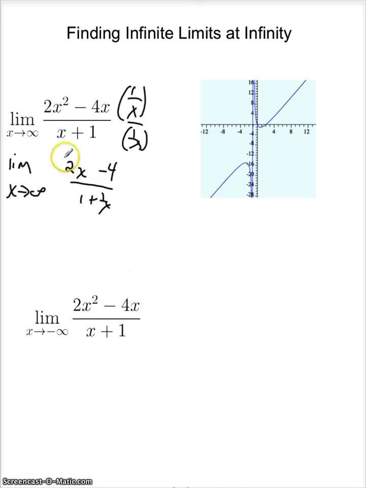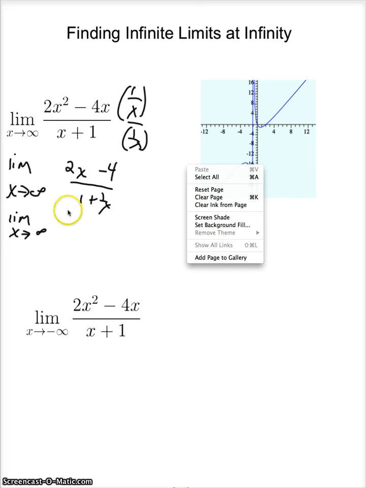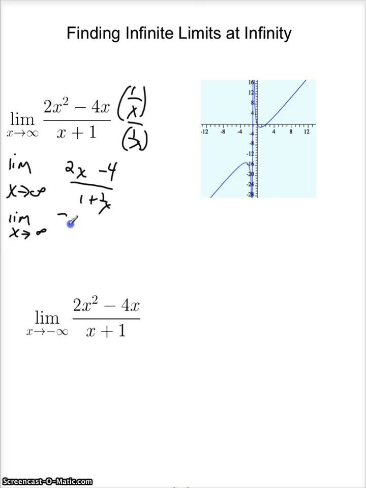Now look at what happens when I just take the numerator and the denominator. The limit as x goes to infinity of 2x minus 4 divided by the limit as x goes to infinity of 1 plus 1 over x.